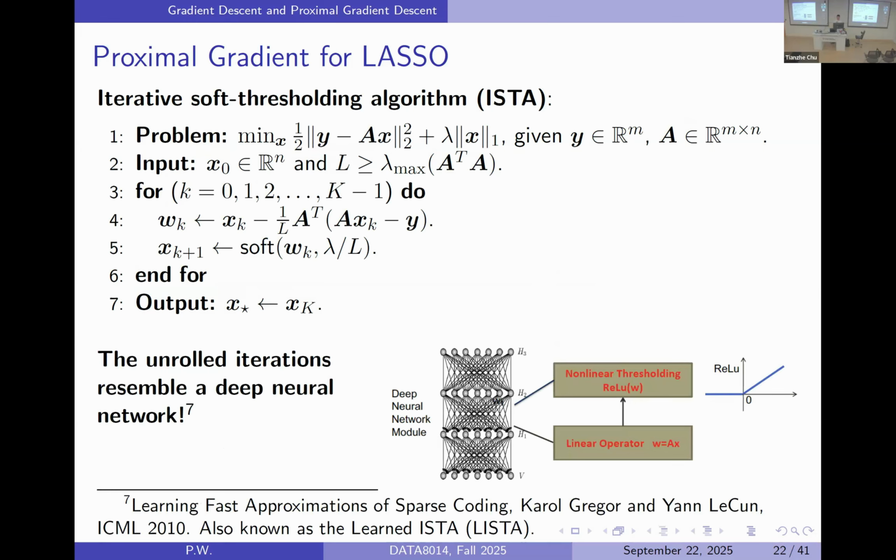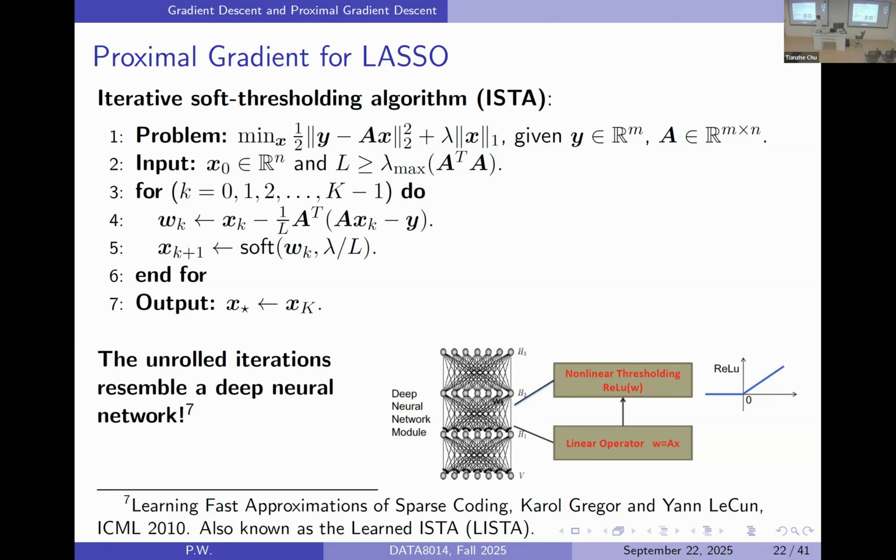Then we want to talk about some connections between the proximal gradient algorithm for the Lasso problem and neural networks. I think Professor Mao may have introduced this concept a little bit in the previous lectures. There is a very natural connection between a neural network and some optimization algorithms. If you unroll the iterations of proximal gradient for the Lasso problem, you will get a neural network.